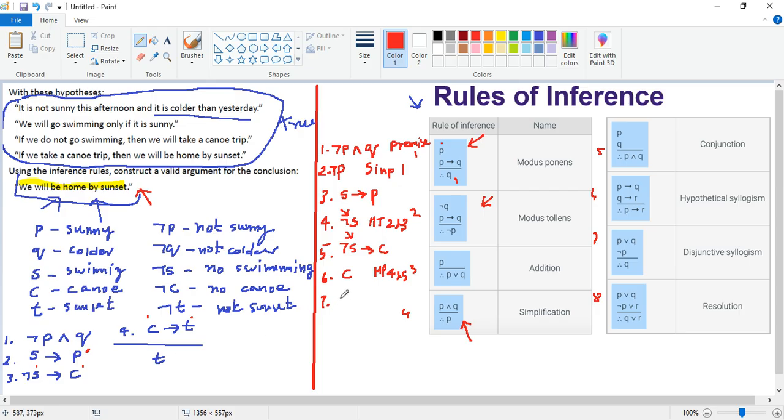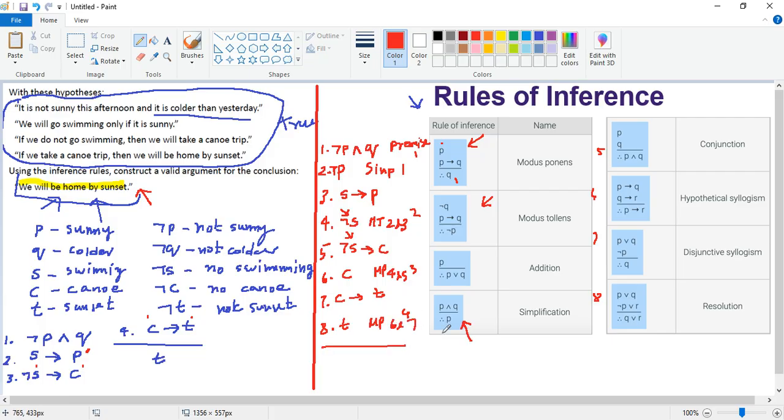The fourth statement, C implies T. Now I can again use modus ponens because I know the left hand side is true. So using modus ponens, I can conclude T is true, right? T, again modus ponens using 6 and 7.